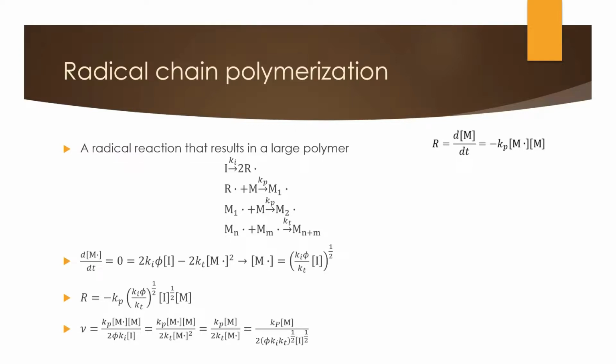We can describe this essentially the same way we've done before. Using the steady state approximation, we can say that the rate of change of our reactive species is not changing with respect to time. So we can set up the way that this is formed based on the initiator and is consumed based on termination to come up with an equation that's a 1/2 order dependence based on the initiator concentration.